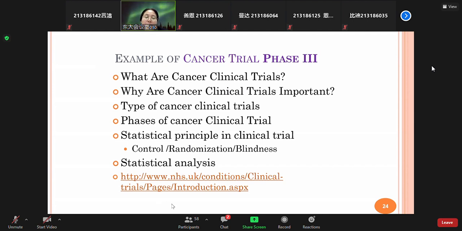For phase 3, as I have explained, it is the most formal clinical trial, and it has to follow randomization, control, and any other principles for study.